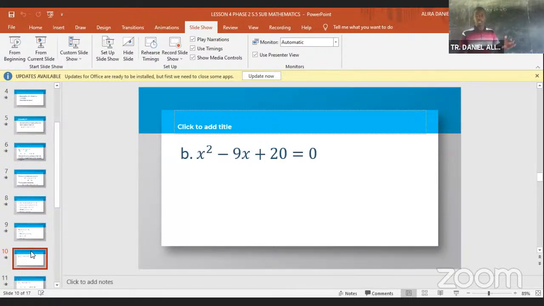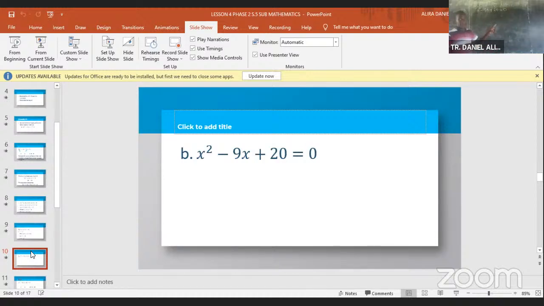We are still using the factorization method. If you use the factorization method, you first get the coefficient. The coefficient of x squared is 1, and the constant is 20. So when I multiply 1 by 20, I get 20.